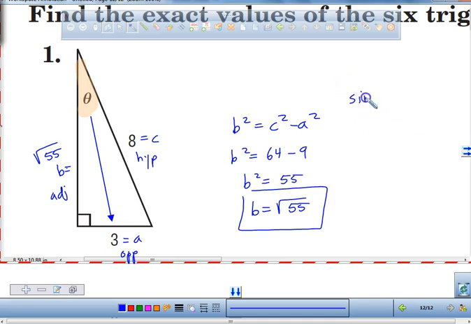I'm going to write the sine of theta. What is my opposite side? 3. What is my hypotenuse? 8. Cosine of theta. What's my adjacent side? Square root of 55. What's my hypotenuse? 8. Tangent.